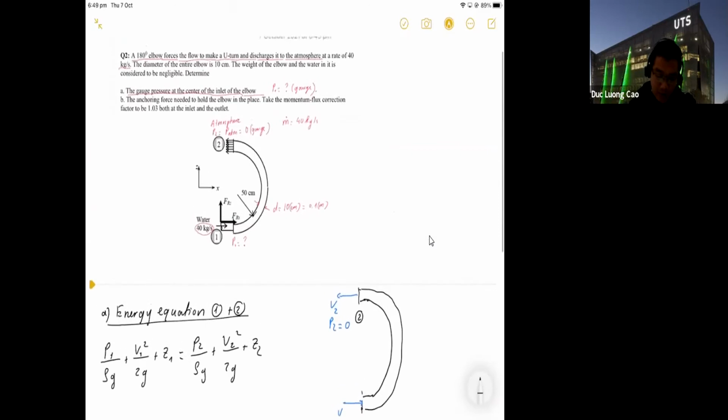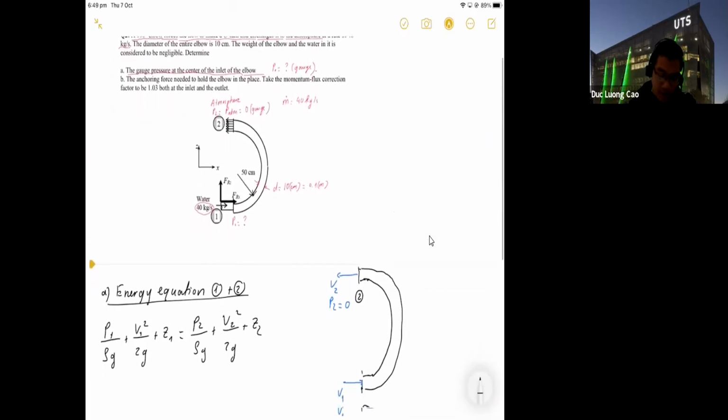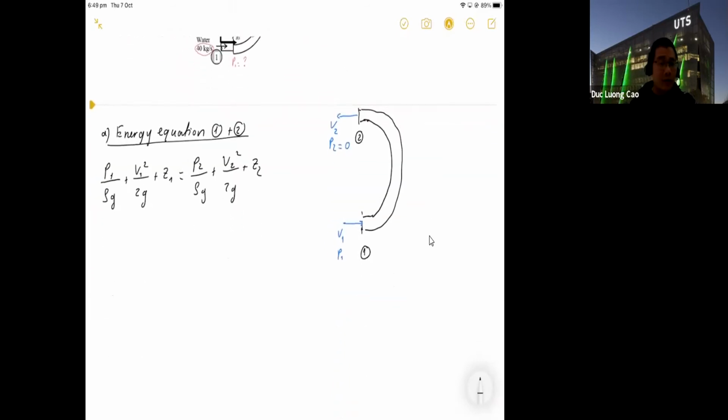Because the question does not mention energy loss, you can assume ideal flow, so the energy loss is 0.